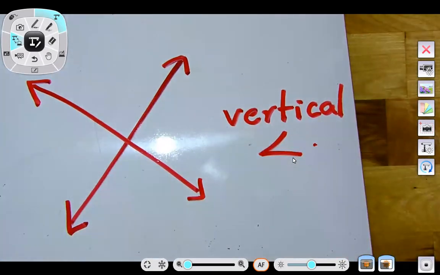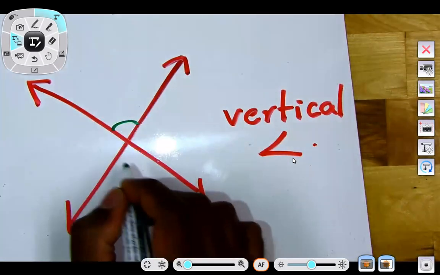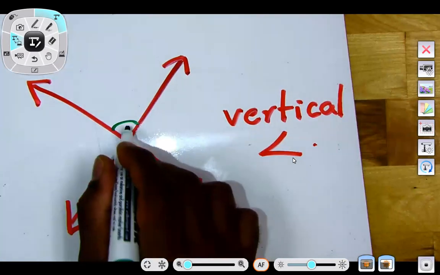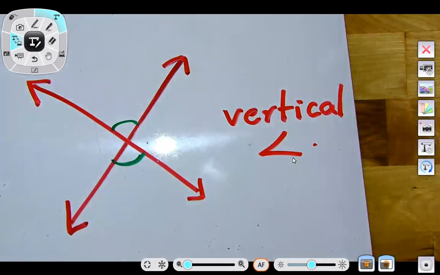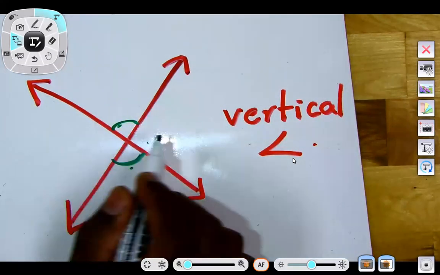So what are vertical angles? The vertical angles are opposite angles when two lines or line segments intersect. They are not right next to each other. See, these two are vertical, opposite of each other, but not right next to each other, okay?